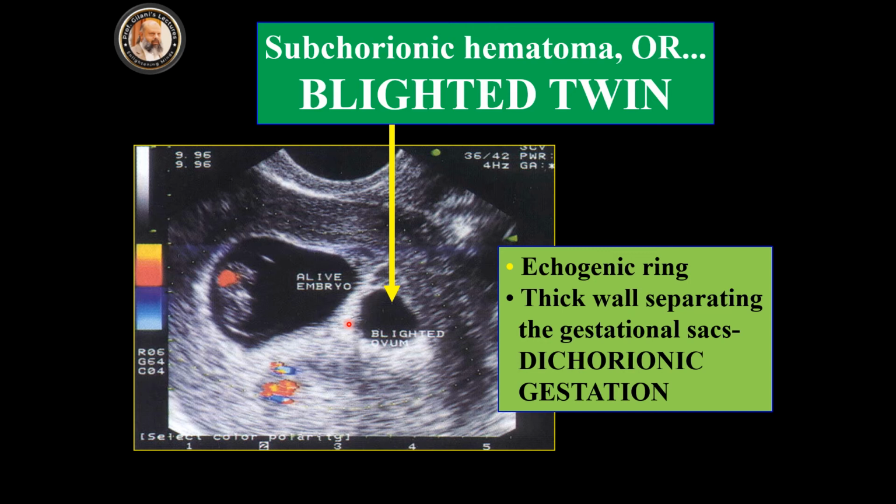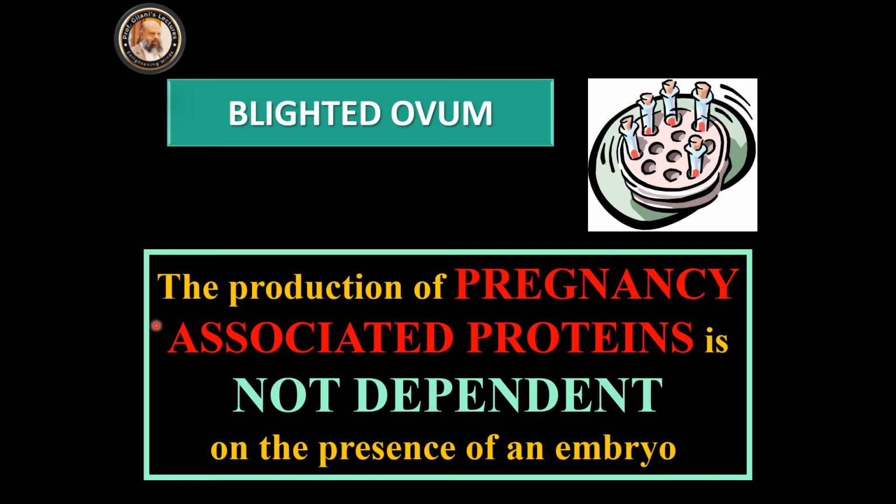The reason this occurs is often unknown, but it may be due to a chromosomal abnormality in the fertilized egg. The blighted ovum, if it is alone, not with a twin normal pregnancy, the production of pregnancy associated proteins is not dependent on the presence of the embryo, so it can grow.